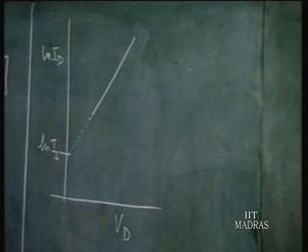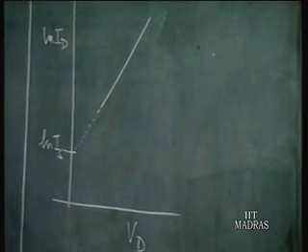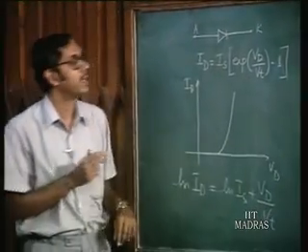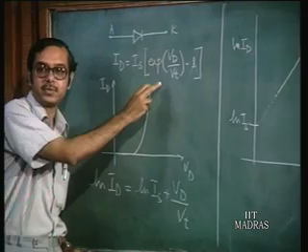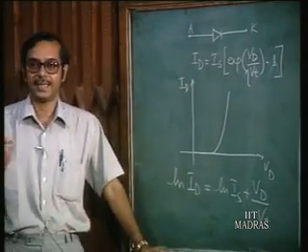Now, I must tell you that in the actual diode model, there is one small correction factor which is introduced here, called eta, the ideality factor.